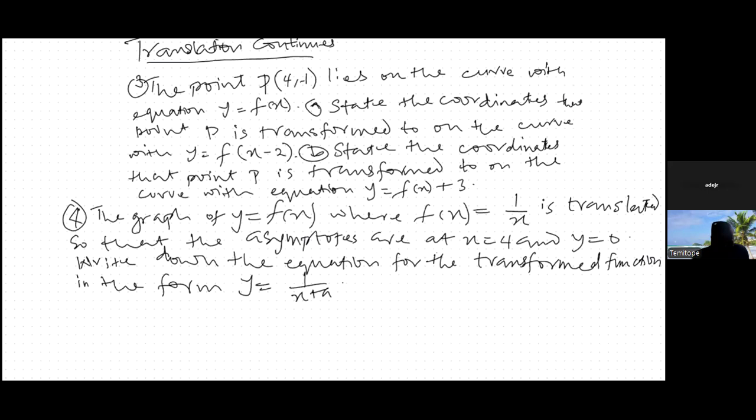So write down the equation for the transformed function in the form y equals 1 over x plus a. After writing that, if you can do it, let me know. If not, let me know as well.